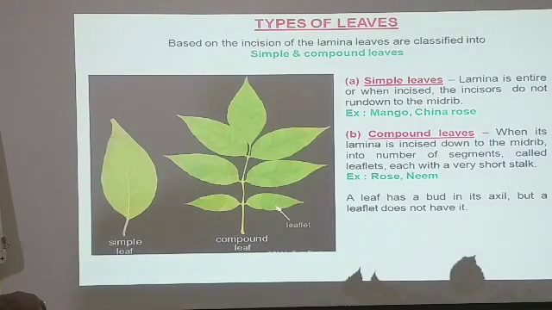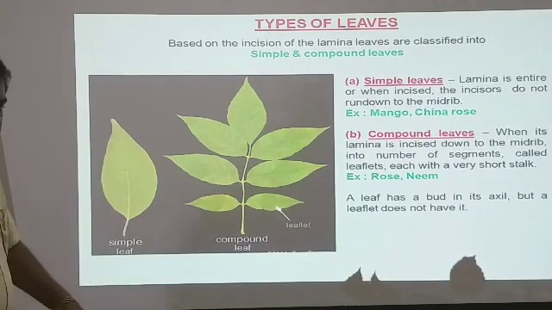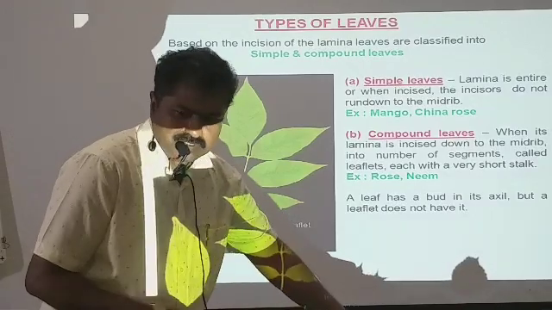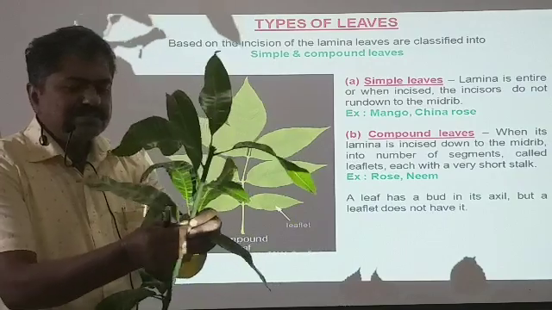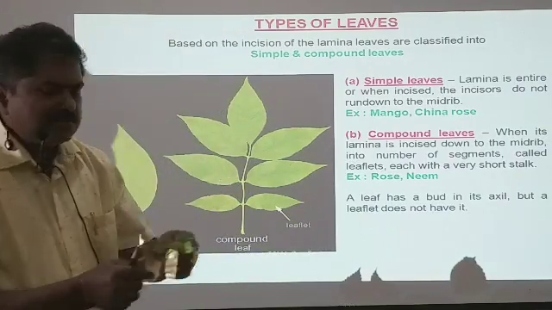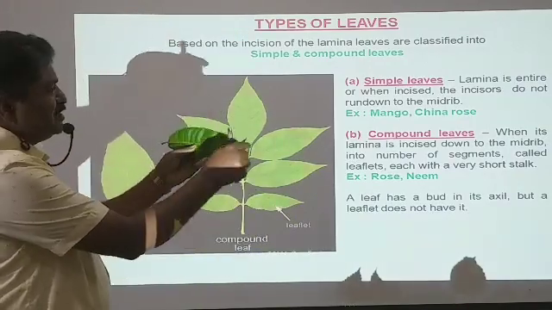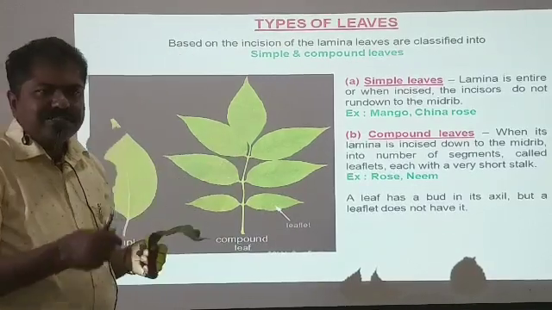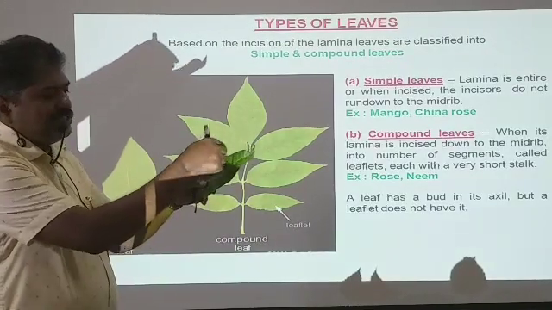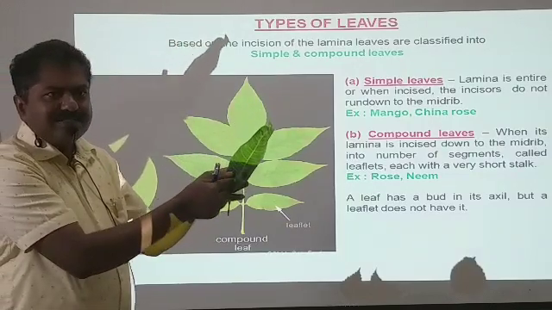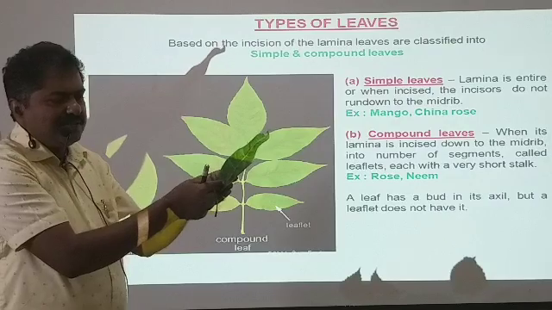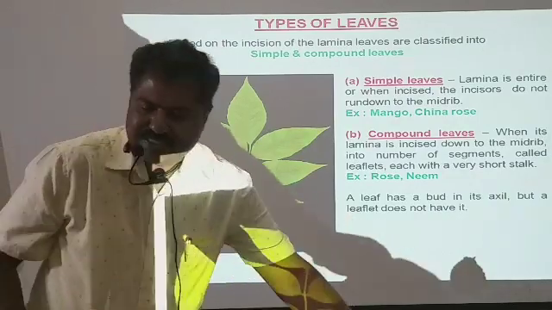In a simple leaf, the lamina is entire, as seen in China rose and mango. In other plants, if an incision takes place, it does not reach the midrib. That is what we call a simple leaf.